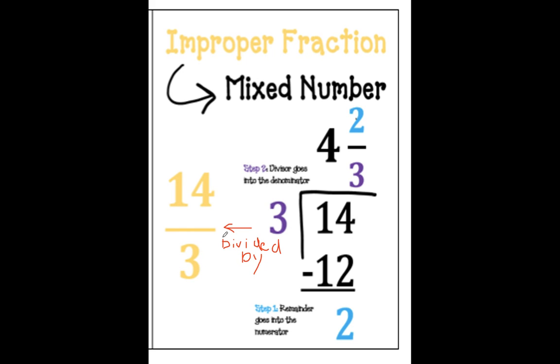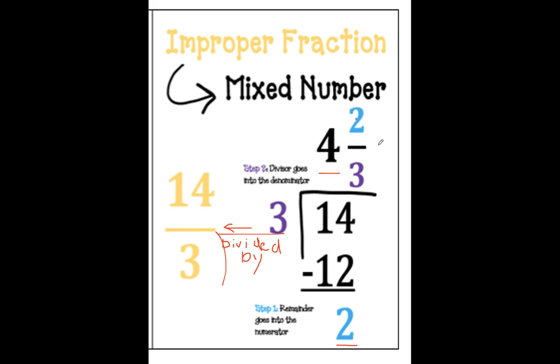So I make a house and bring the 14 underneath. 14 divided by 3 equals, well, how many times does 3 go into 14? 4 times. So 4. First we must divide, then we multiply. So 4 times 3 is 12. Then we subtract. 14 minus 12 equals 2.